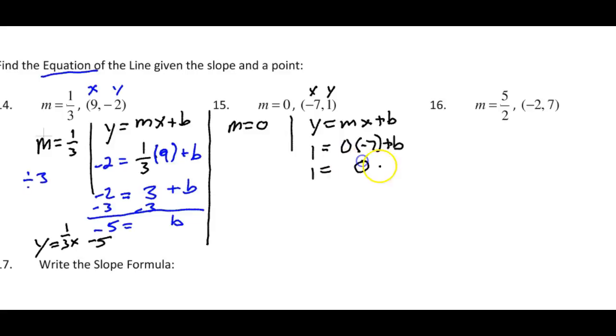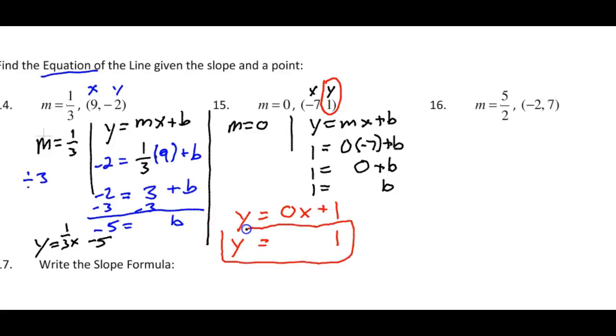So we could write that. But then 0 plus anything is that anything. So we just get a y-intercept of 1. So you can see because of this 0 slope, it canceled out the x right away because it's times 0. So we're only really left with whatever the y was. So if we go to write our equation, it would be 0x and then plus 1. But again, we don't write anything with a 0 in it. So our equation is just y equals 1.